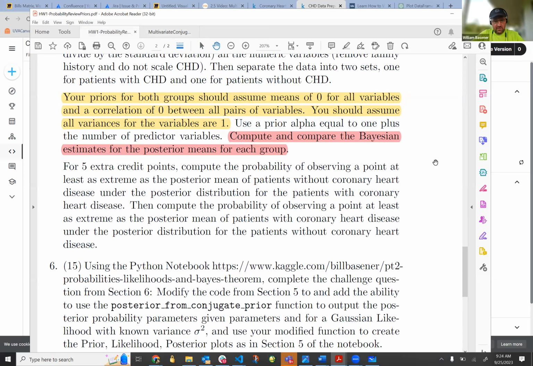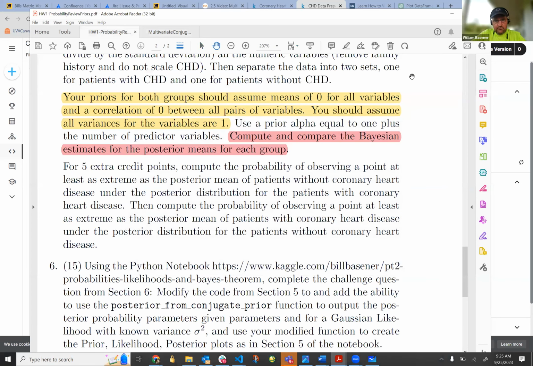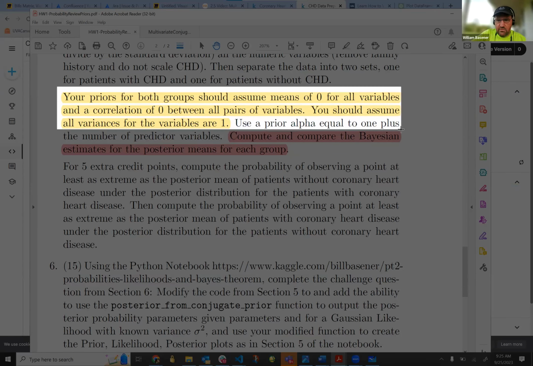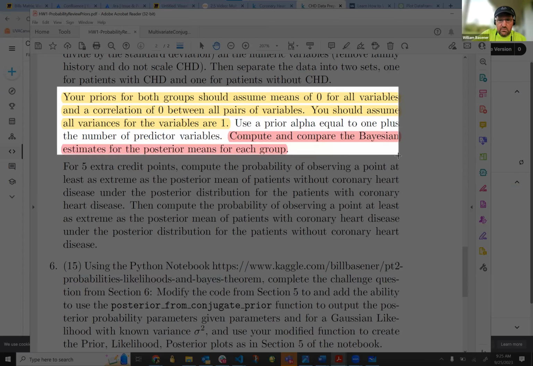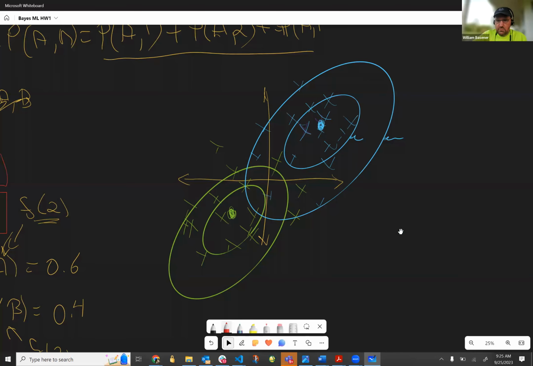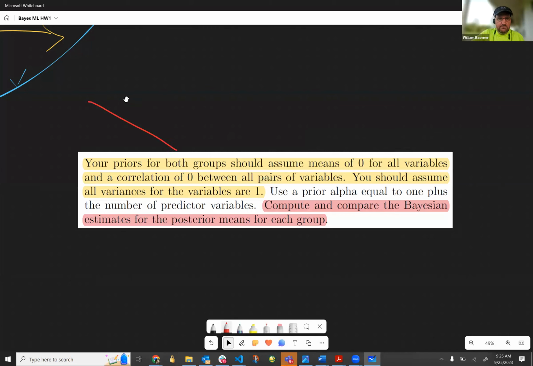So, okay, let's screenshot this, because this is pretty easy to work with, and let's bring this over to our whiteboard.